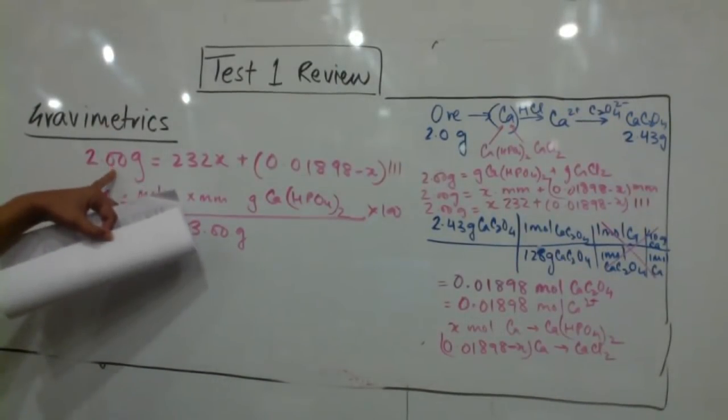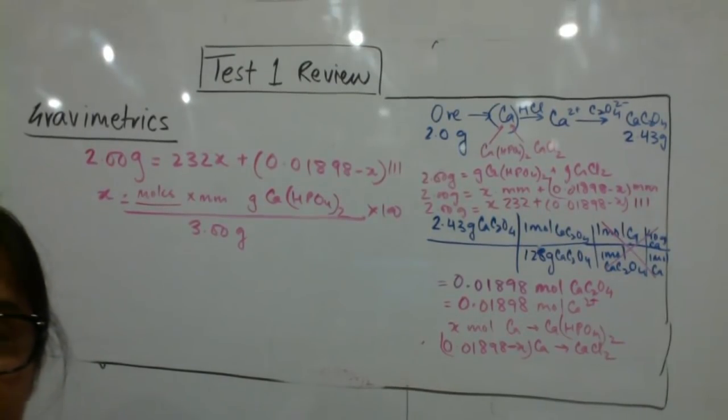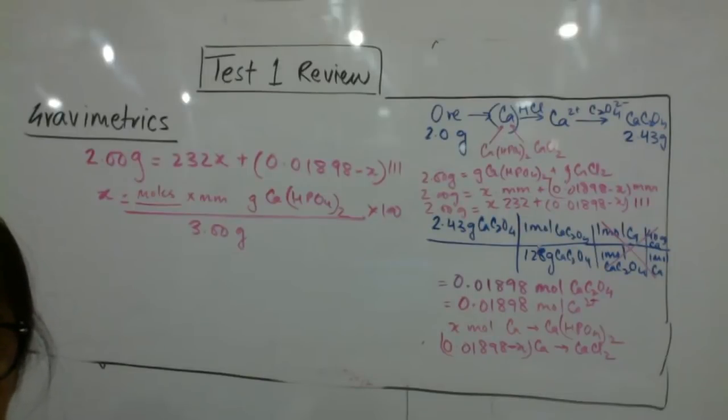Yeah, the total is 2 grams, Harshit. That is correct, Brandon. So after you find X, you multiply by the molar mass of the part that you're finding the percent of, and then divide by the total.